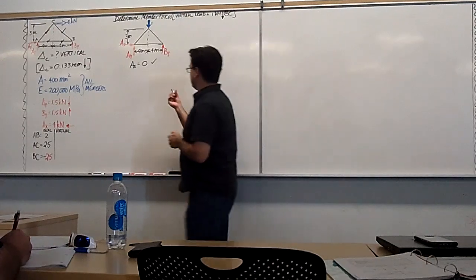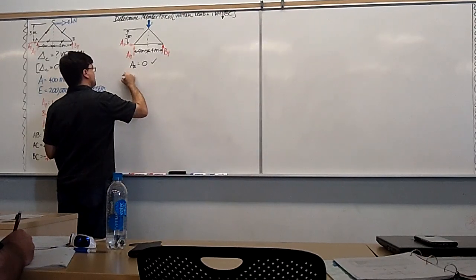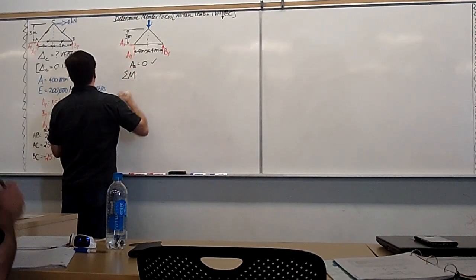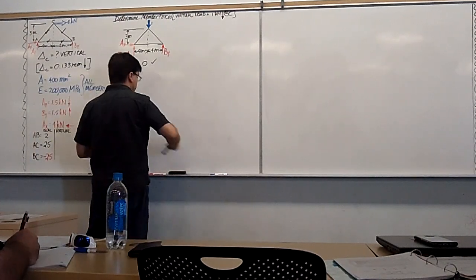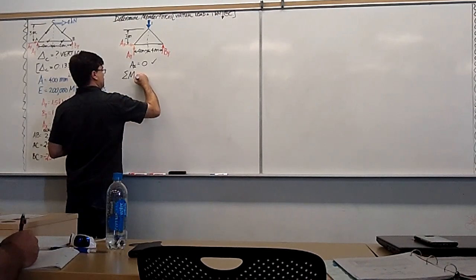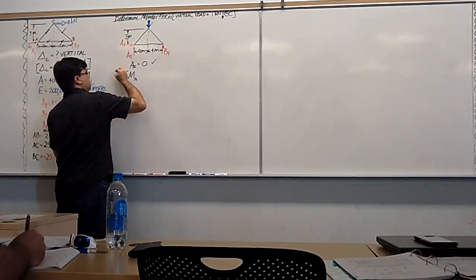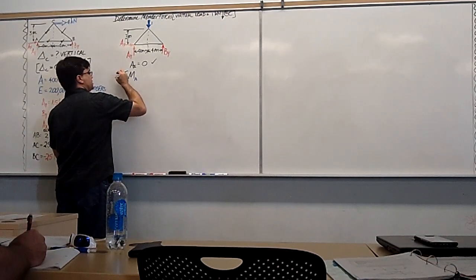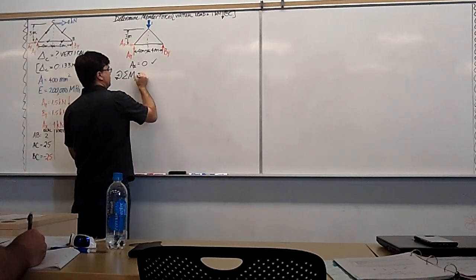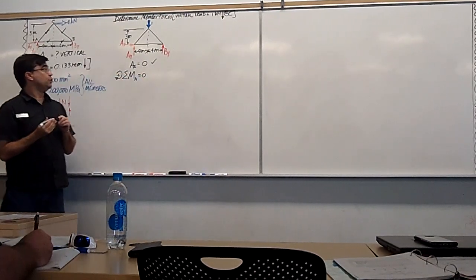Okay. Are we able to figure out what the value of AY and BY is? Sure. Yeah, absolutely. So we'll do a sum of the moments. Is it okay if we do it at A then? And we'll do, at your request, clockwise is positive is equal to 0.